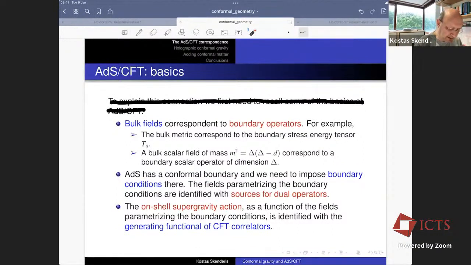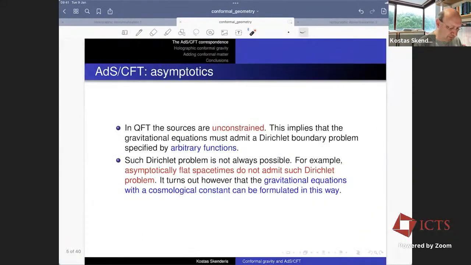And the fields that parameterize these boundary conditions are identified in ADS-CFT with sources for dual operators. And then the main formula in ADS-CFT is that the supergravity on-shell action as a function of these fields that parameterize boundary conditions is identified with the generating functional of CFT correlators.